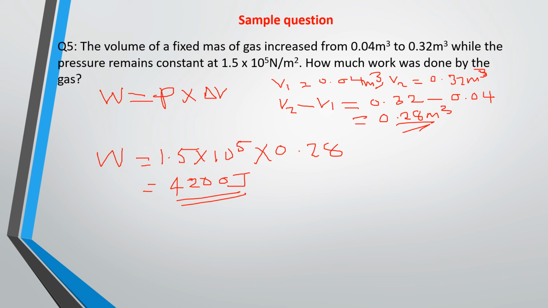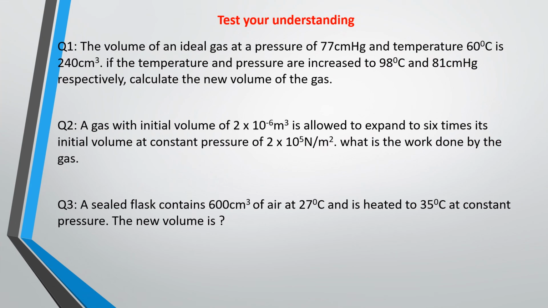I think we're going to stop this class here, but before then, let's go to our test page. Okay, so this is our test page, and as I've always said, please try your hands on all these questions. They are meant to test your understanding and comprehension, so please don't skip them.